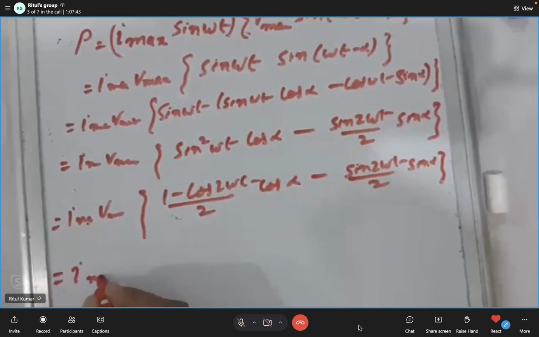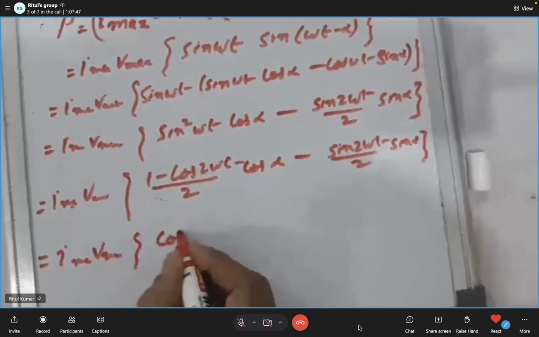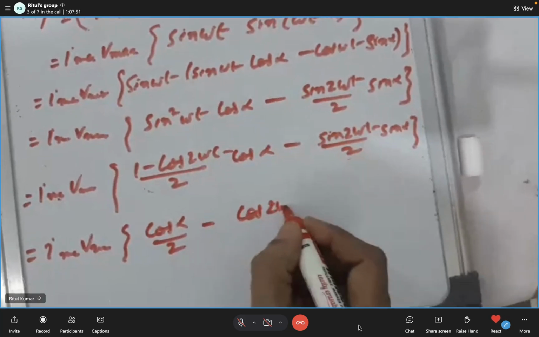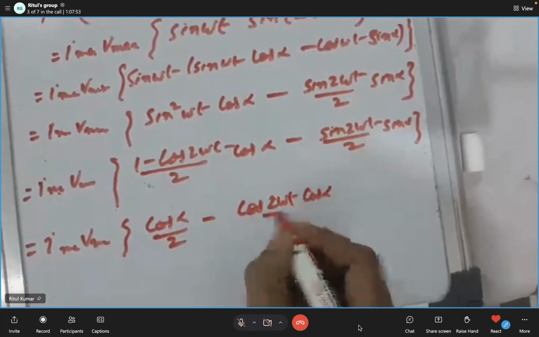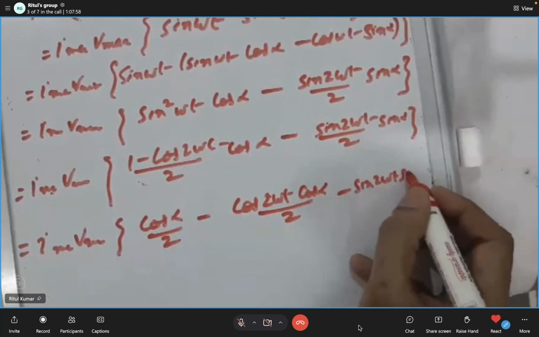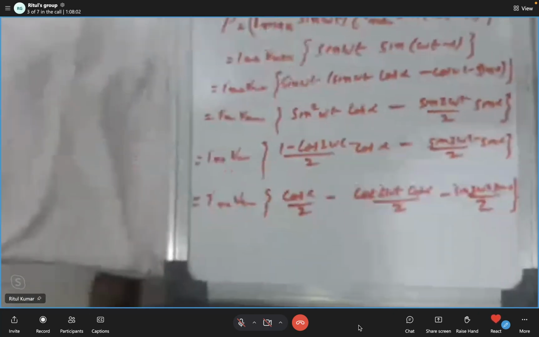What do we get? Imax Vmax, cos alpha by 2 minus cos 2 omega t cos alpha by 2 minus sine 2 omega t sine alpha by 2. Check it here.